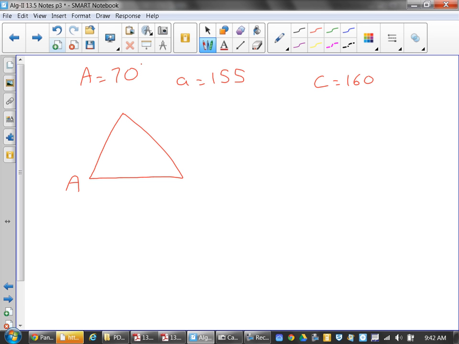Okay. Draw it out. We know that angle A is 70 degrees, side A is 155, and side C is 160. Notice this is your angle-side-side case. So this is where you have to be careful.